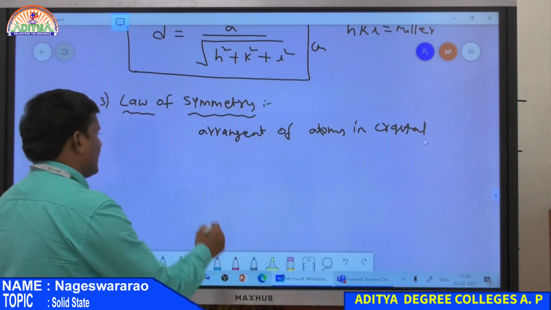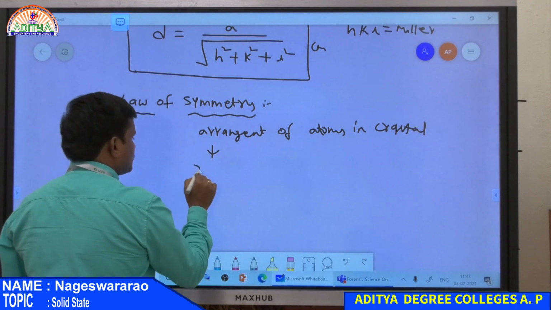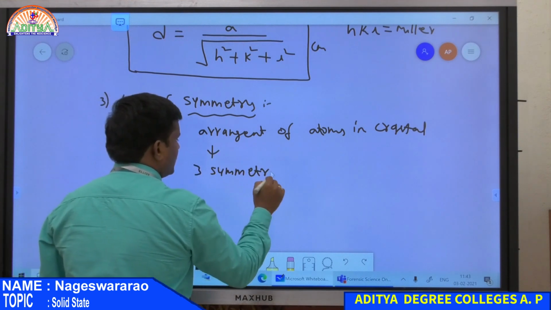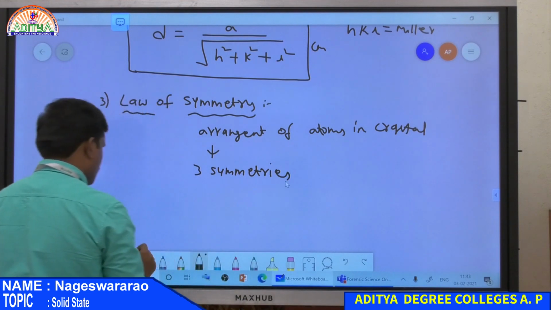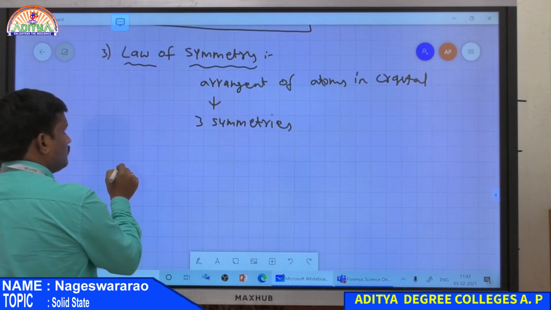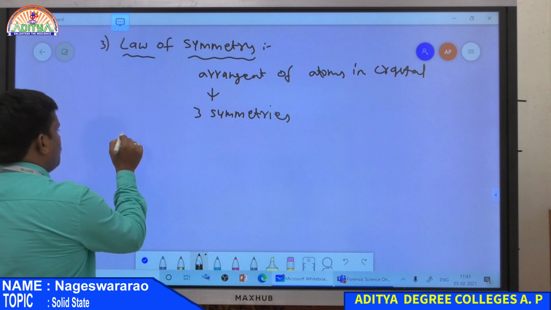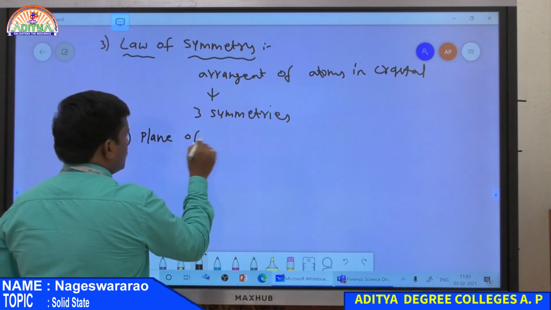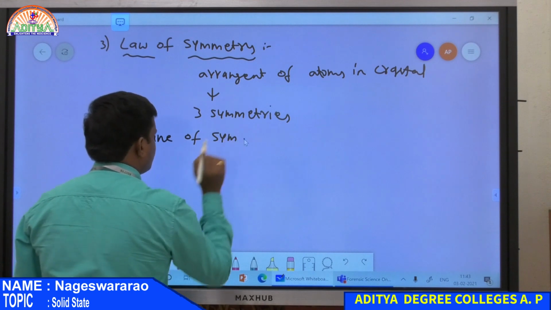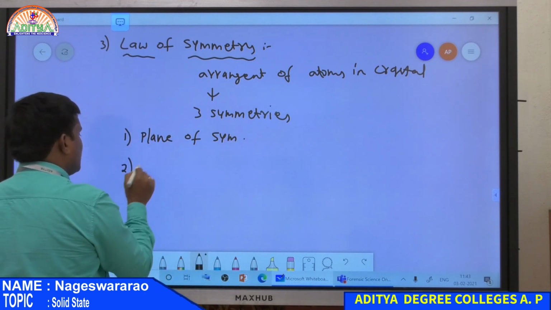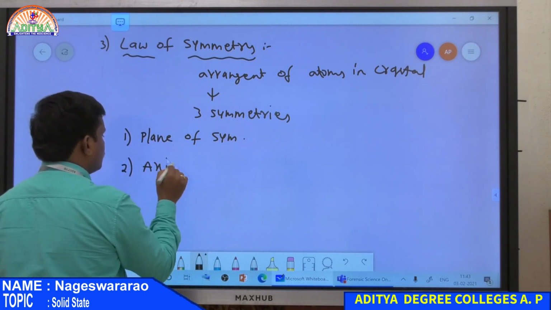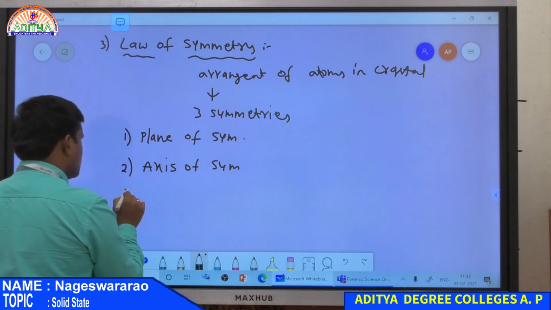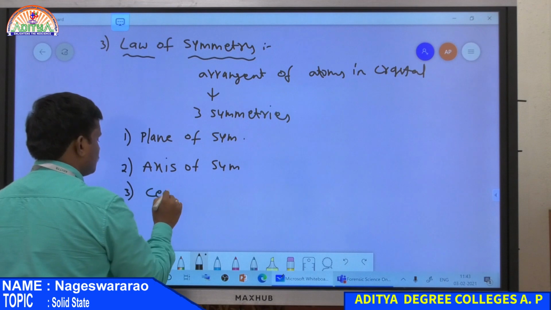Every crystal has three symmetries. First one is the plane of symmetry, the second one is the axis of symmetry, and the third one is the center of symmetry.